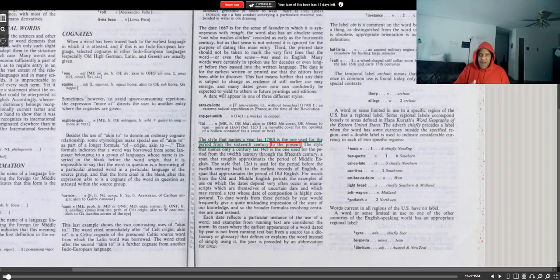These are all Greek. All the movies about Thor. These are all coming out of that era. These are all coming out from Middle English.